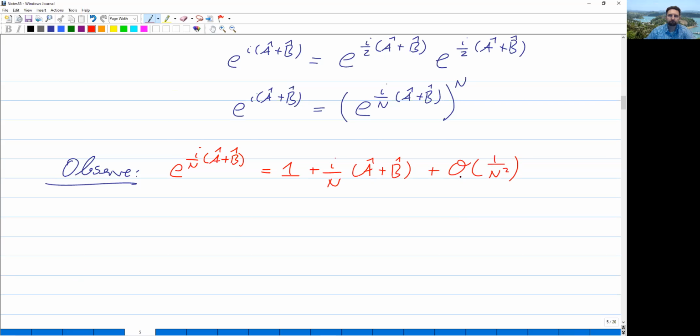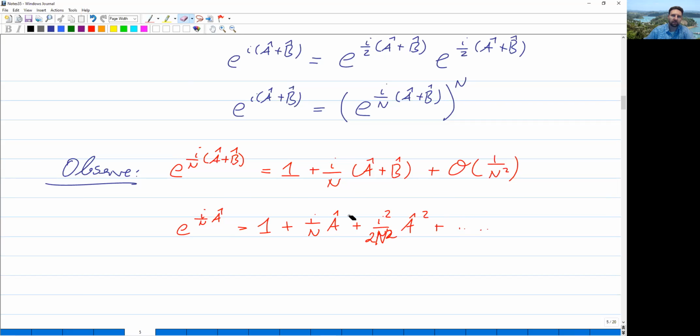Right? And we also have that e to the power i over n of A hat is identity plus i over n, and then the linear term A hat, plus, let me just spell it out, i squared over n squared with a factor of 2, and then A hat squared plus dot dot dot.